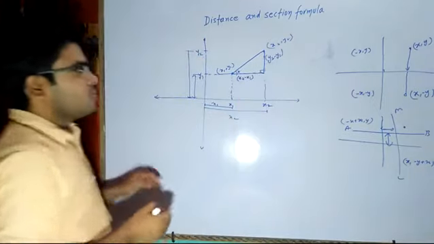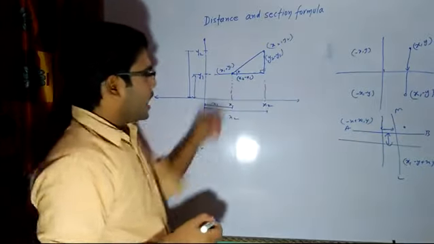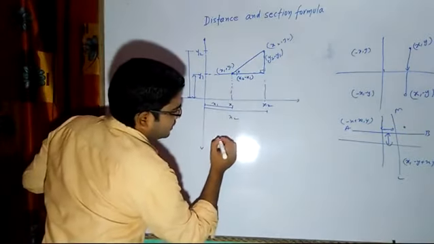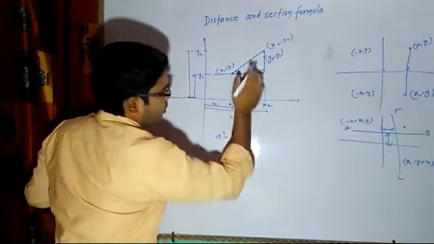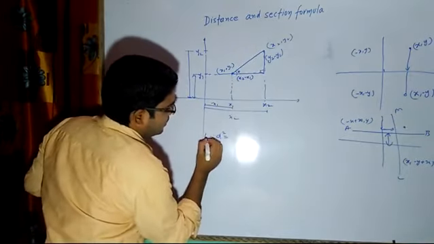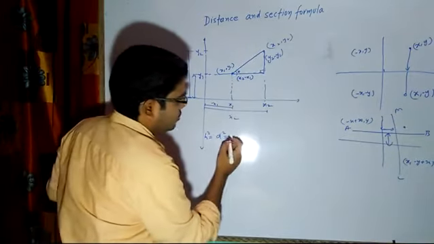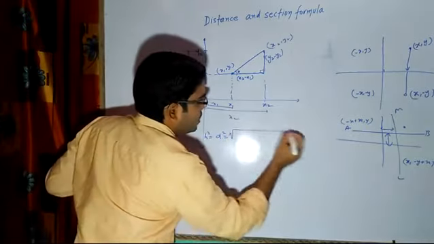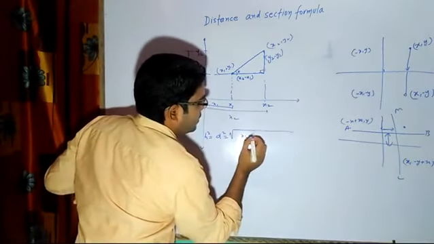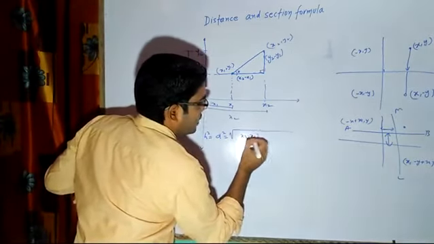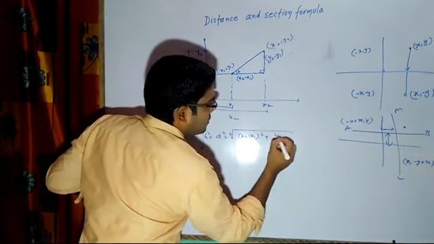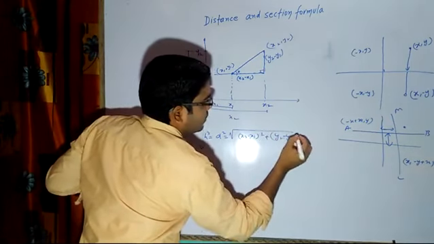To calculate the hypotenuse we have the Pythagoras theorem: distance d, or h, is equal to the square root of (x2 minus x1) squared plus (y2 minus y1) squared.